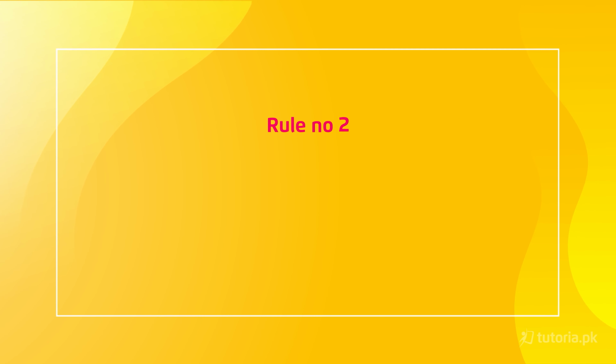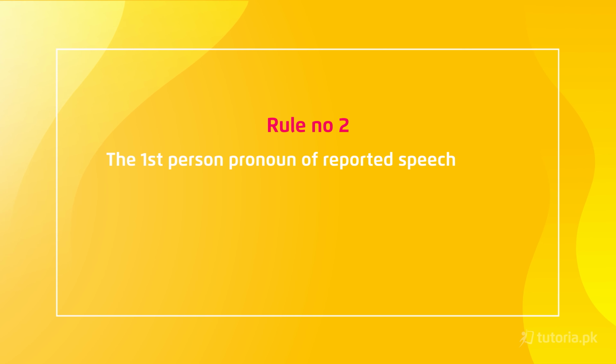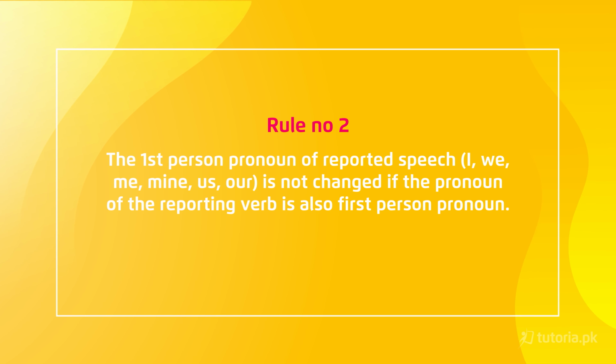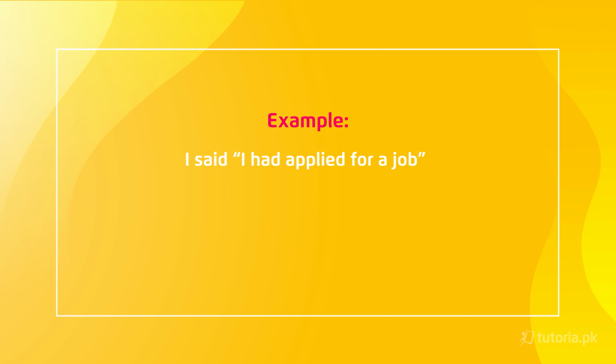Now, rule number 2: the first person pronoun of the reported speech, we, I, my, mine, us or ours, is not changed if the pronoun of the reporting verb is also a first person pronoun. For example, "I said, I had applied for a job."